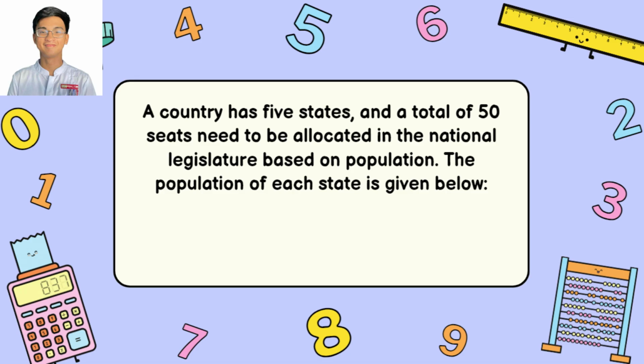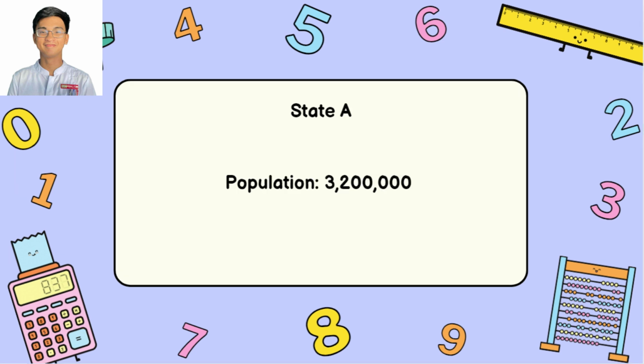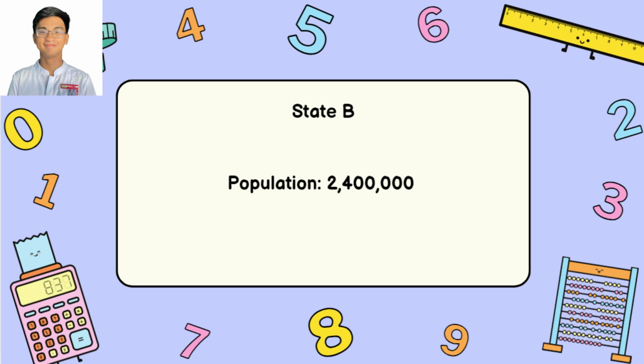Problem: apportioning seats using the Huntington-Hill method. A country has 5 states and a total of 50 seats need to be allocated in the national legislature based on population. The population of each state is given below. State A has 3,200,000 population. State B has 2,400,000 population.